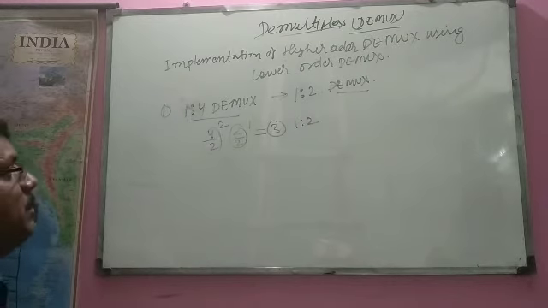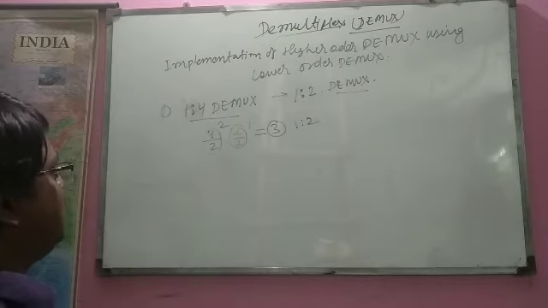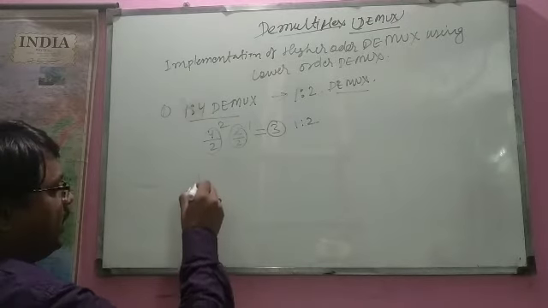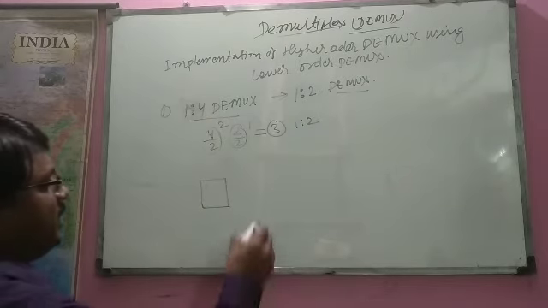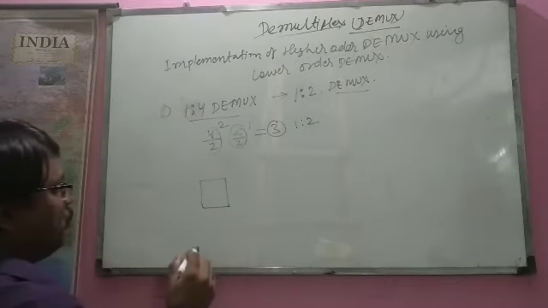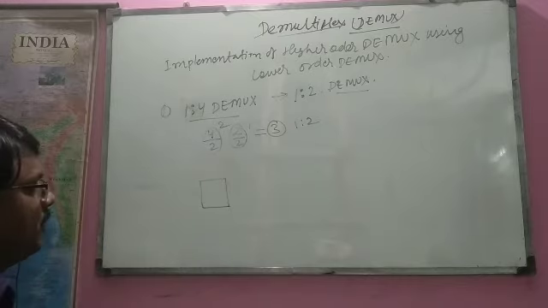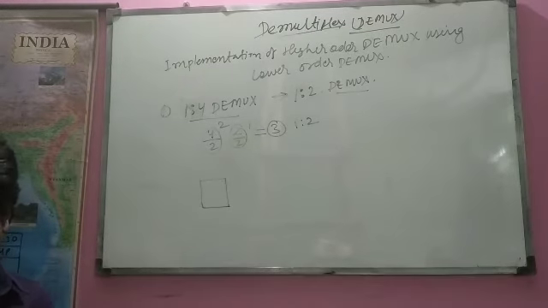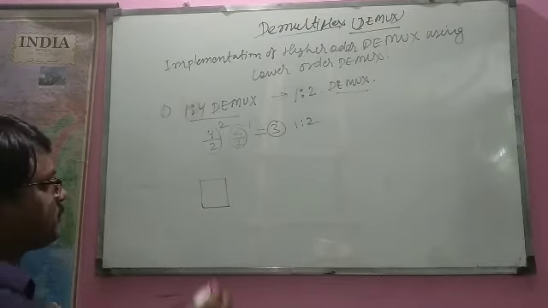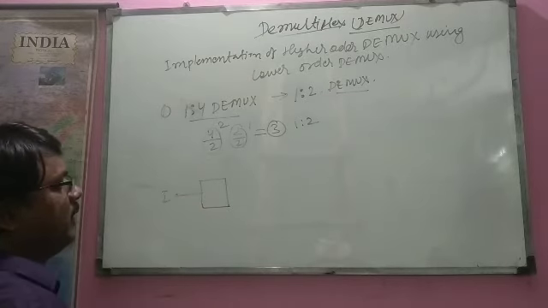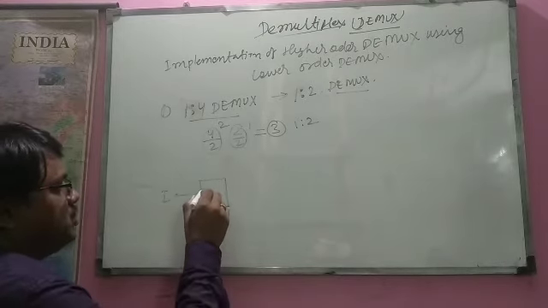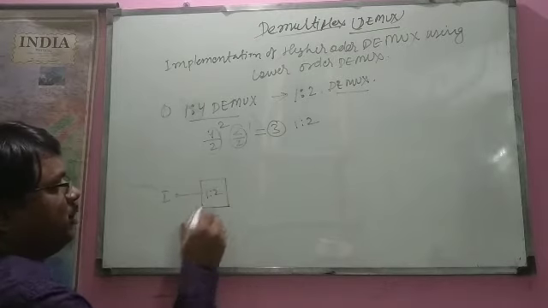Okay, so input is 1. So here it will be like this, and here it will be like this. So one thing we should consider here, that here it is I, and it is 1:2 demux.